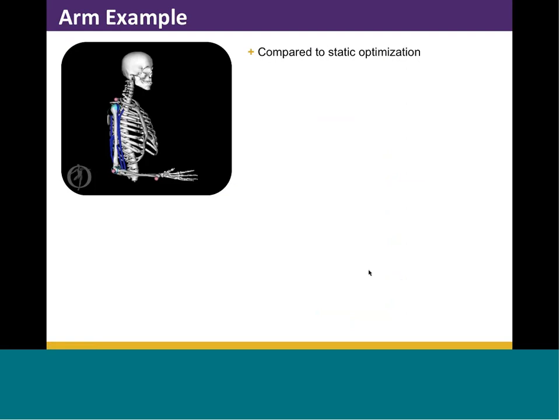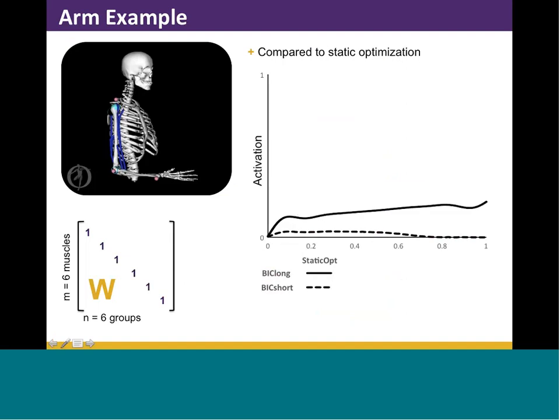So first of all, let's actually compare it to static optimization. If I just take an identity matrix, here's this model, and you saw it before, the arm is basically just flexing the elbow. And here's the activation of our biceps femoris long head and biceps femoris short head predicted by static optimization to execute that action. I will mention that the order of these muscles is important.